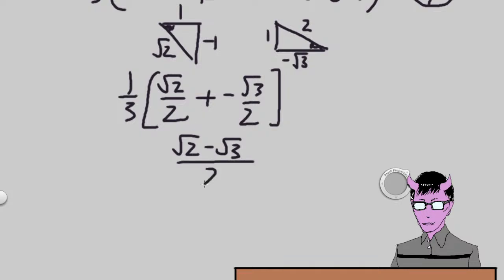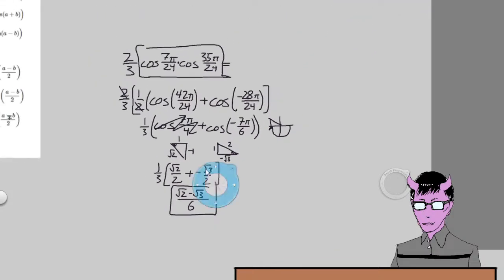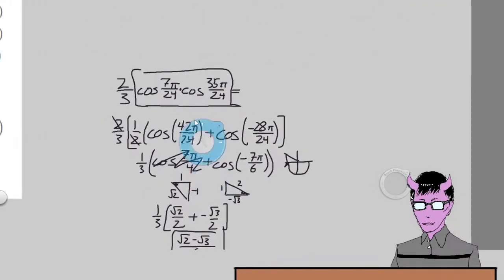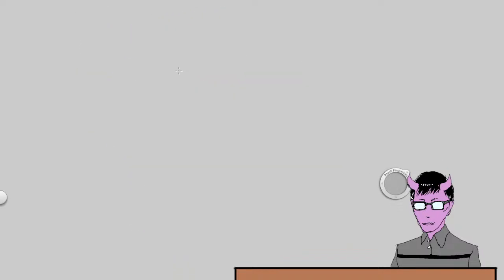Common denominator of 2, but then we have times 1/3, so that becomes a 6 on the bottom. And this answer should be good. Is it worth our time to use the other strat? Nah, it's not worth it. Let's move on.